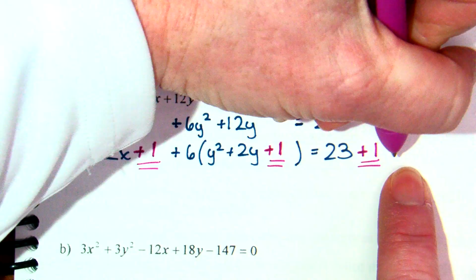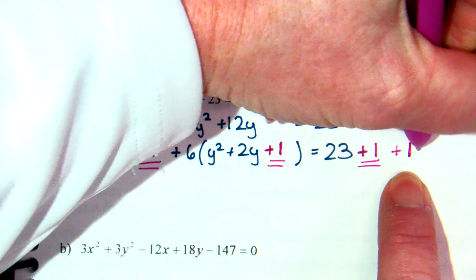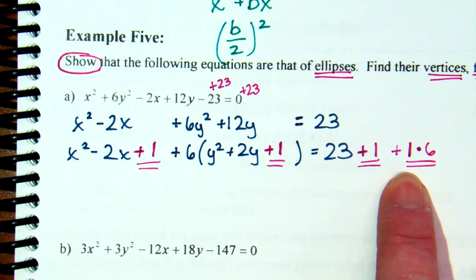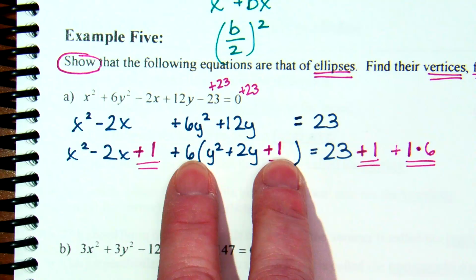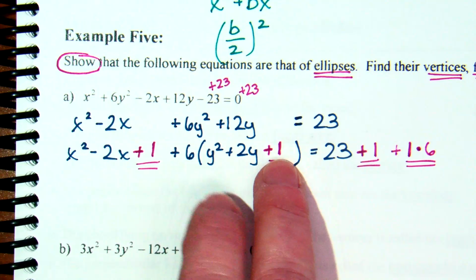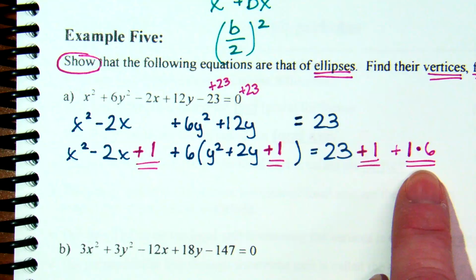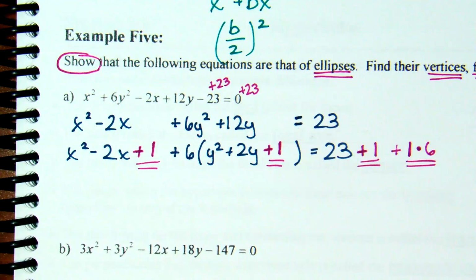On the right we're going to have to add 1 but multiply it by 6, because this 1 we added in these parentheses, is it really just a value of 1? No, because this 1 that I added in the parentheses is being multiplied by 6. So even though I add 1 in the parentheses here, when I add it on the right, I'm really adding a 6. I wrote it as 1 times 6 for your benefit.